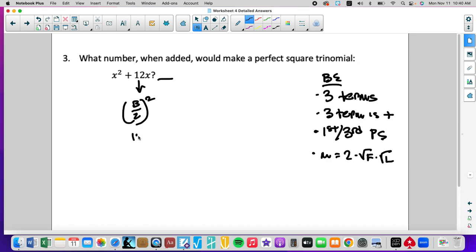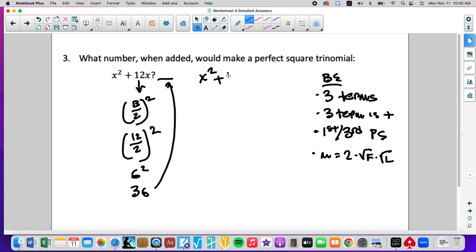Half of 12 squared is 6 squared, which is 36. So that's going to be my c value. So x squared plus 12x plus 36 would create a binomial square. And we like that. That's called completing the square.